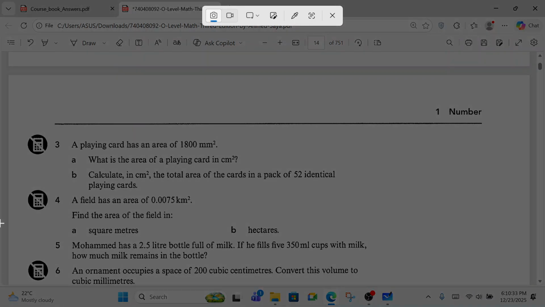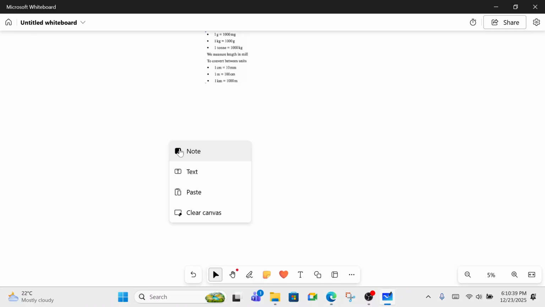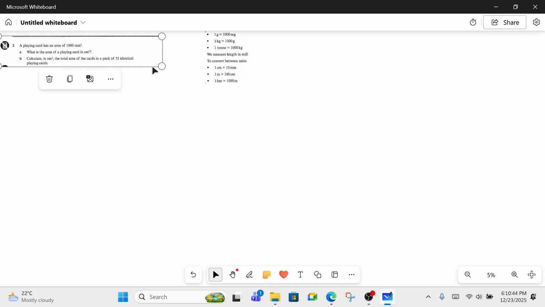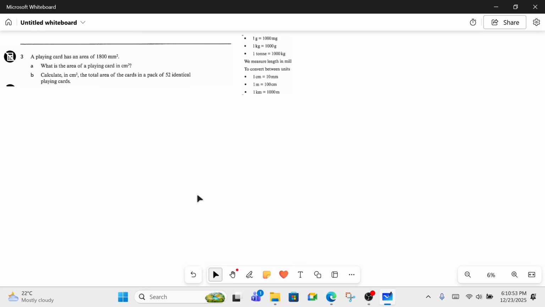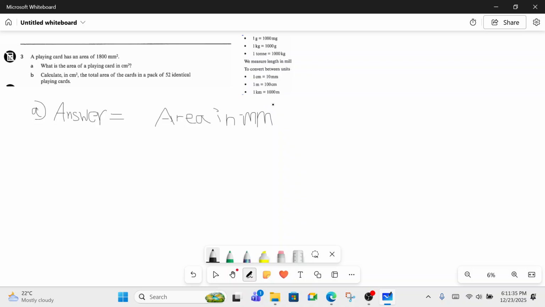Okay, this is also a non-calculator one, so don't try using a calculator here. Okay, so the question says a playing card has an area of 1,800 millimeters square, and what is the area of the playing card in centimeters square? So area in millimeters square is 1800.